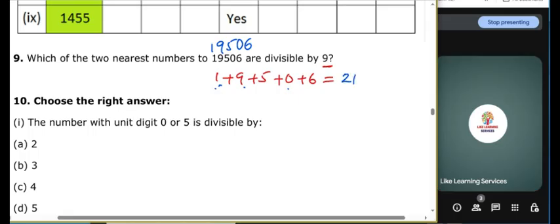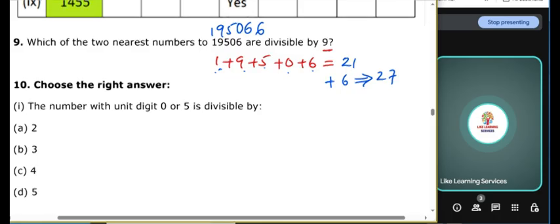You need to add 8? No, 6. We just add 6 so that it will become 27. So another 6. 10, 15, 21, yeah. All right, so that's it.